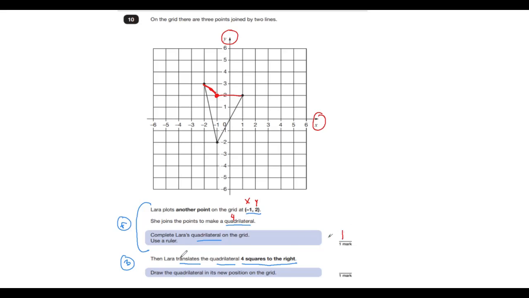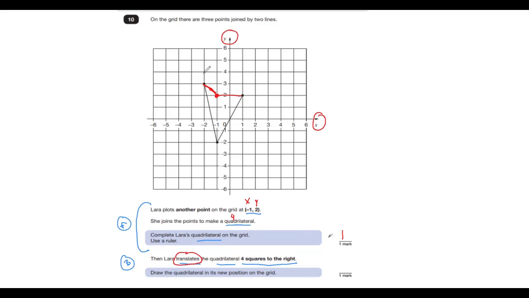Looking at the next part of the question, then Lara translates the quadrilateral 4 squares to the right. So she moves it 4 squares to the right. And to do that, we are going to look at each coordinate, and we are going to move those coordinates 4 places to the right.